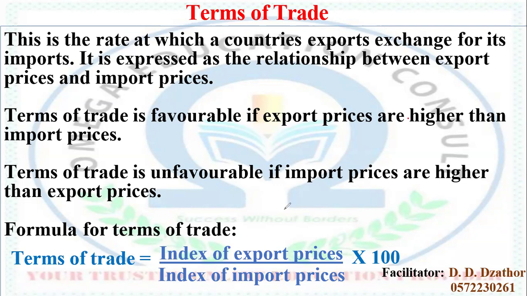If you, however, get a figure that is lower than 100, then the country has unfavorable terms of trade. If you get a figure that is 100, then it means that there is balanced terms of trade, meaning the actual amount of money or the prices at which the country exchanges its product with other countries are the same or equal. Right, so let's look at this table and do some mathematical gymnastics regarding terms of trade.